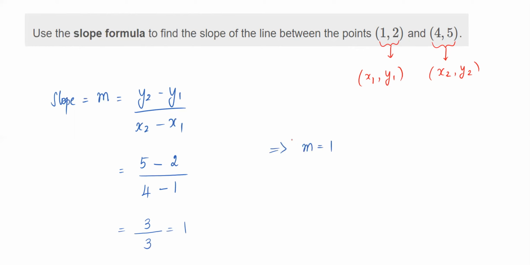Let's box that. Okay, what do you know about a positive slope? This is just an extension. We're done with the problem, just an extension. What do you know about a positive slope? This is a positive number, right? It's a positive 1. If the slope is positive, you will always see your graph rising, okay? That means your line is increasing.